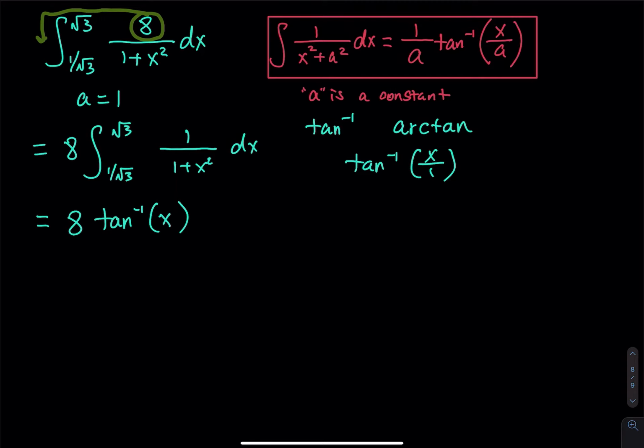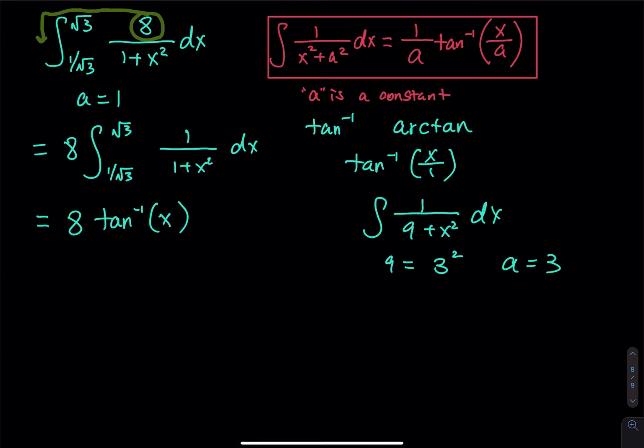Sometimes they might use, let me give you an example. Let's say they use the integral of 1 divided by 9 plus x squared dx, okay? So this one, 9 is equal to 3 squared, so that tells me a is equal to 3.